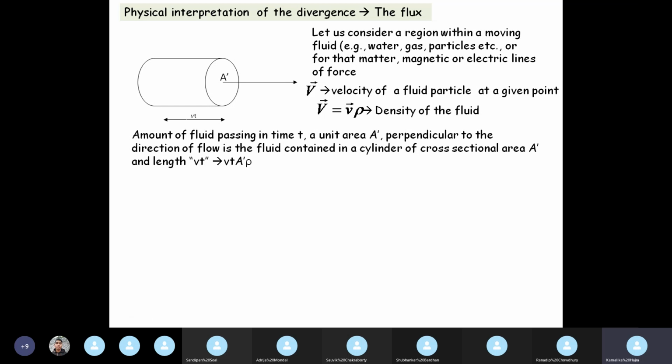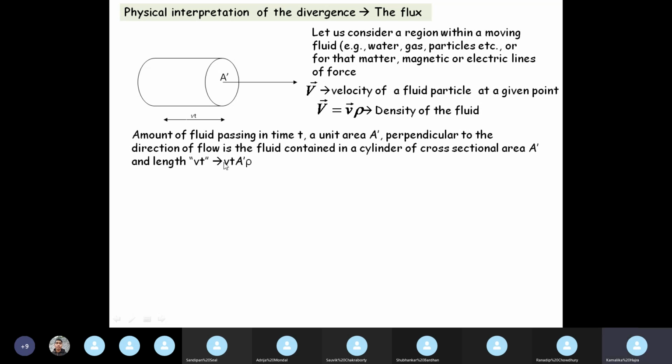Yes, ma'am. Okay, so length Vt and area A prime. That amount of fluid will pass through this area in time t. So what is the numerical value of this amount? Length Vt into area A prime is the volume, into density, so that is the mass.